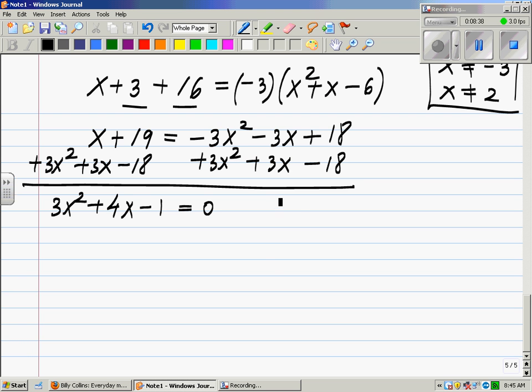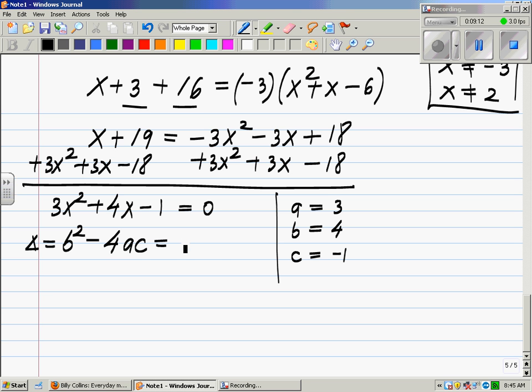So let's identify your A, B, and C. A, B, and C. What is my A? 3. Your B and C, negative 1. Next step, you find your delta. Would be what? What is delta? B squared minus 4AC. Right? Good.